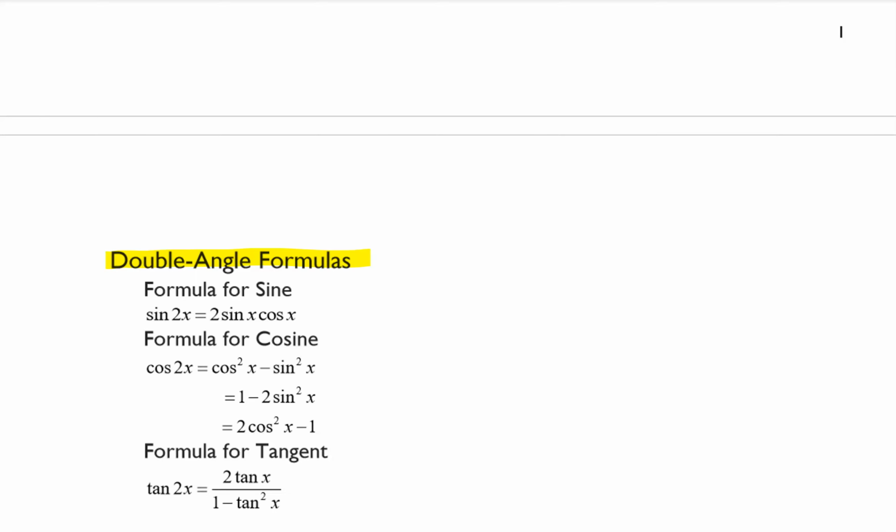Do what works for you. If you have these down and memorized, it's going to make doing these trig identity proofs a lot easier for you. So you don't have to constantly derive it every time, but find what works for you as you work through these problems. But I definitely recommend that you memorize the sum and difference formulas at the minimum.